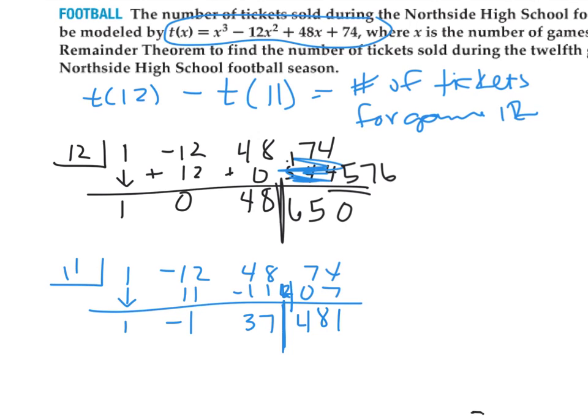So to find the number of tickets, I'm going to take that 650, which was T of 12, minus 481, which is T of 11, and the difference is going to be my answer. Which should be 169 tickets.